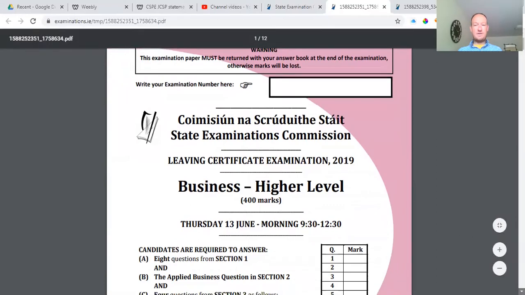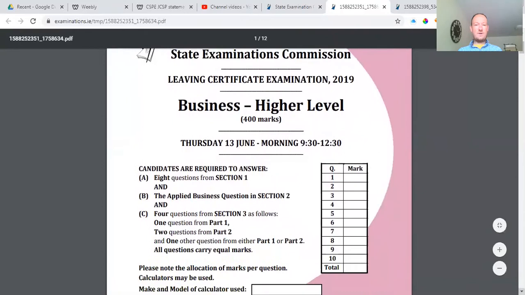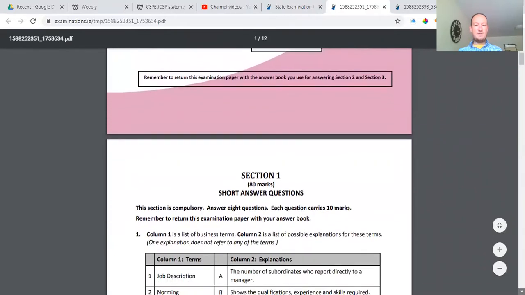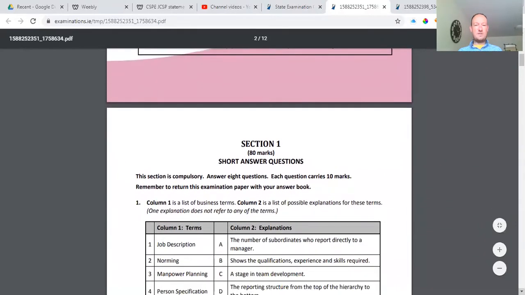And here is where your examiner is going to be putting in the marks for your exam, as you saw in your mock exam. And it usually starts with your short questions, which are 80 marks. Again, I've given you a lot of documentation on this on my website, and we've gone through it in class, how to approach exams and also marks going for different sections, and how to organize your answers and all.